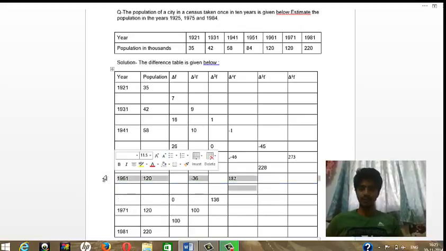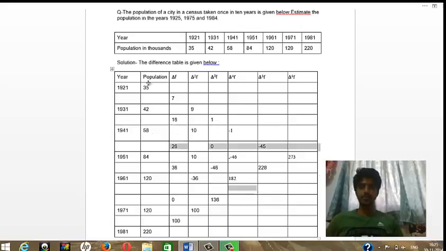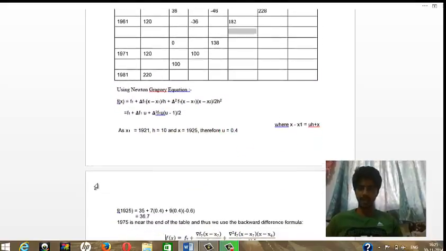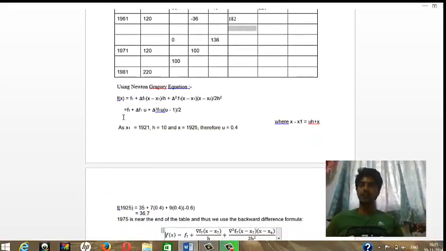So what we have to find is the population. We have to estimate the population in the year 1925. So how will we do it? Using the Newton-Gregory equation, that is f of x equal to f1 plus del f1 into (x minus x1) upon h plus del square f1 into (x minus x1) into (x minus x2) divided by 2h square.